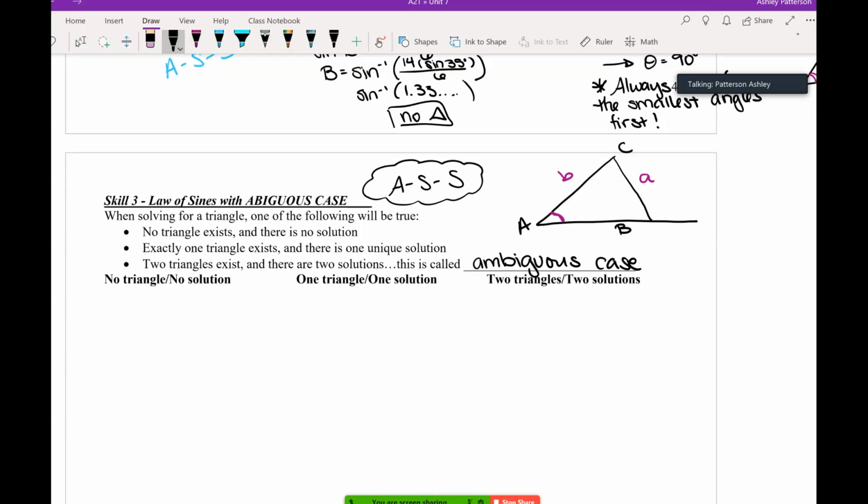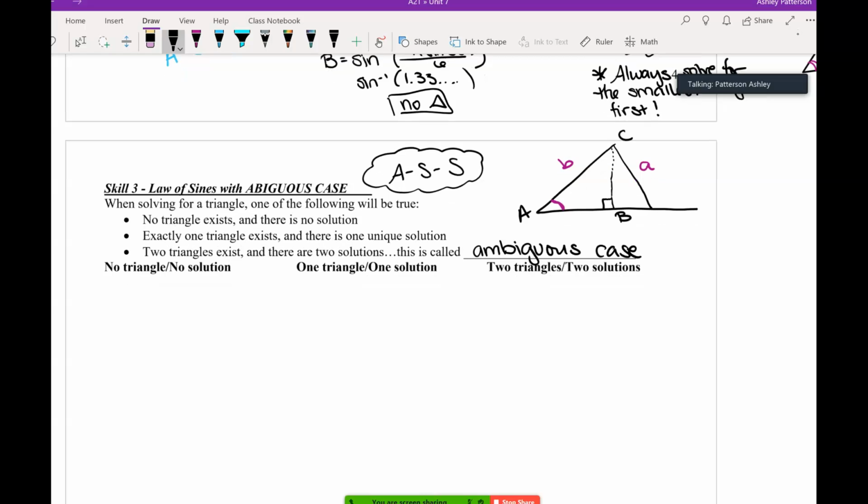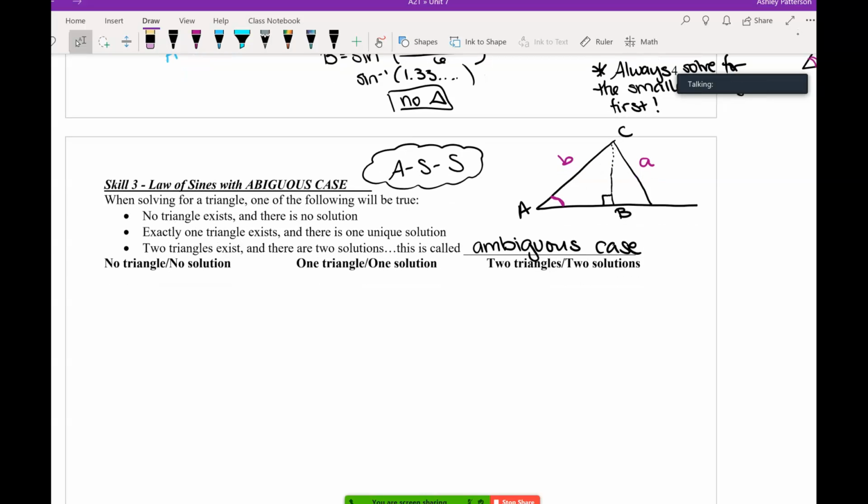Well, shoot. That means I need to compare it to the height, because if I have a perfect length of a height, I'm going to have one triangle, right? Okay, so thinking, gosh, well, this is my height, and I need to compare a. And this kind of leads us back to what we saw last week.